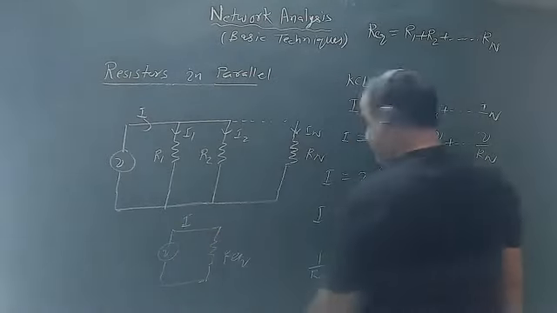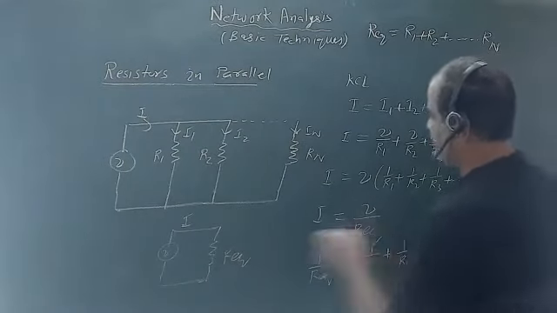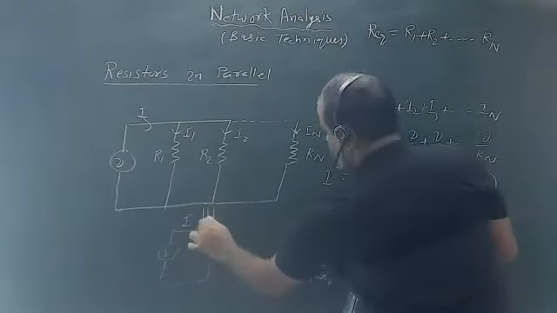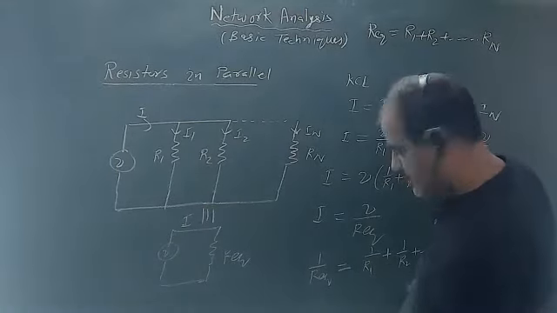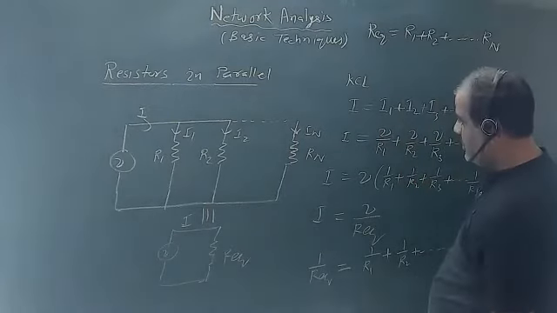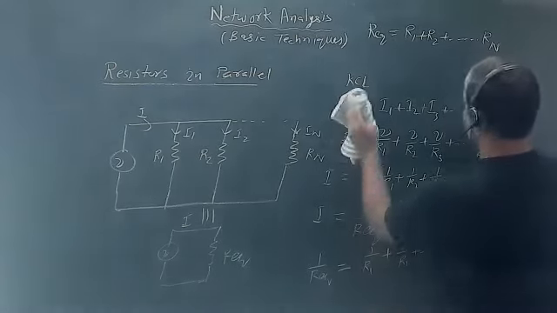So this is equivalent. Now how to calculate I1, I2? The potential difference will be same. So V by R1, V by R2 will give I.